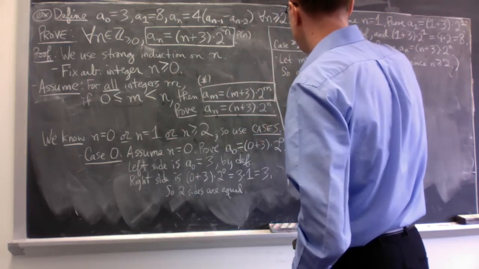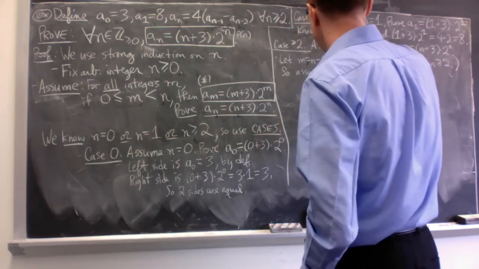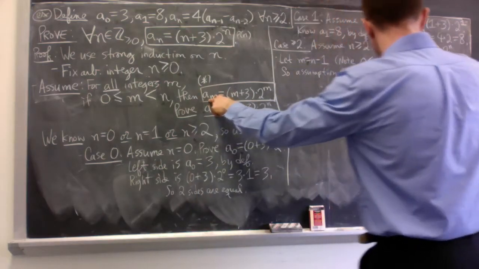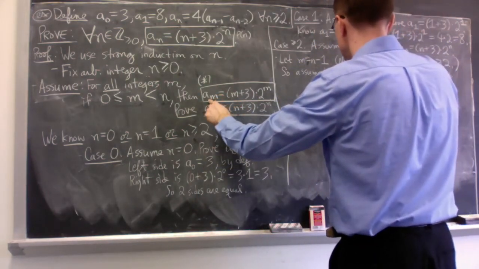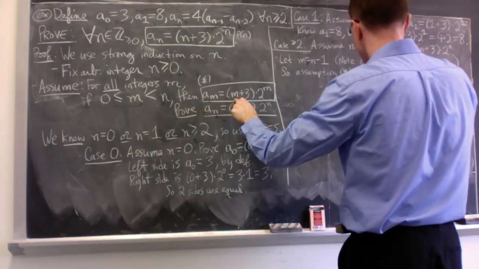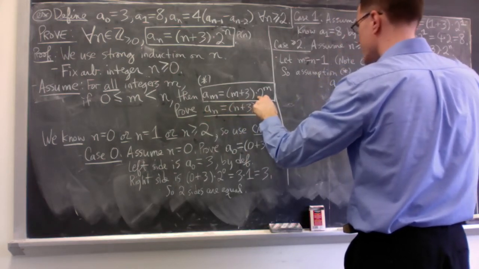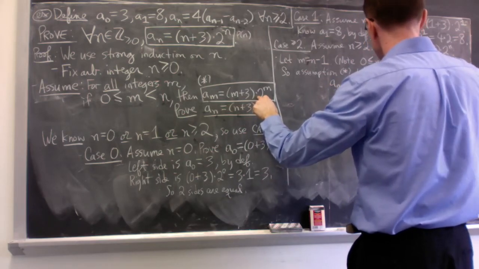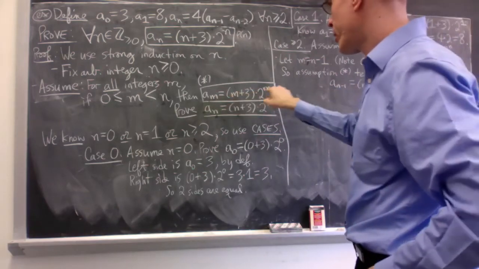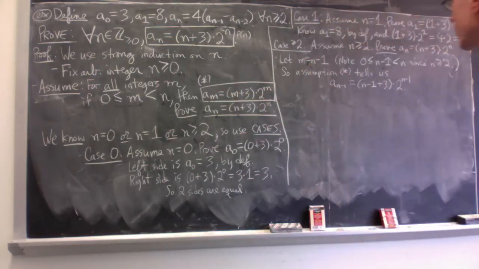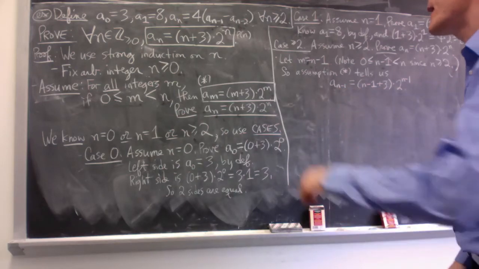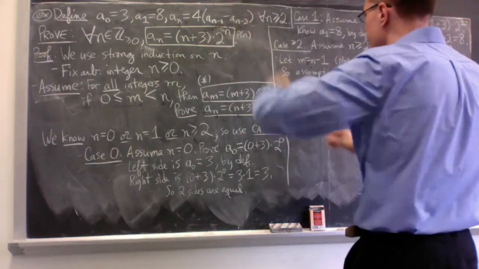The induction hypothesis star tells us, among many other things, that a(n minus 1) is n minus 1 plus 3 times 2 to the n minus 1. What I did was replace the m: everywhere I saw an m, I put n minus 1, and I got a formula for this.